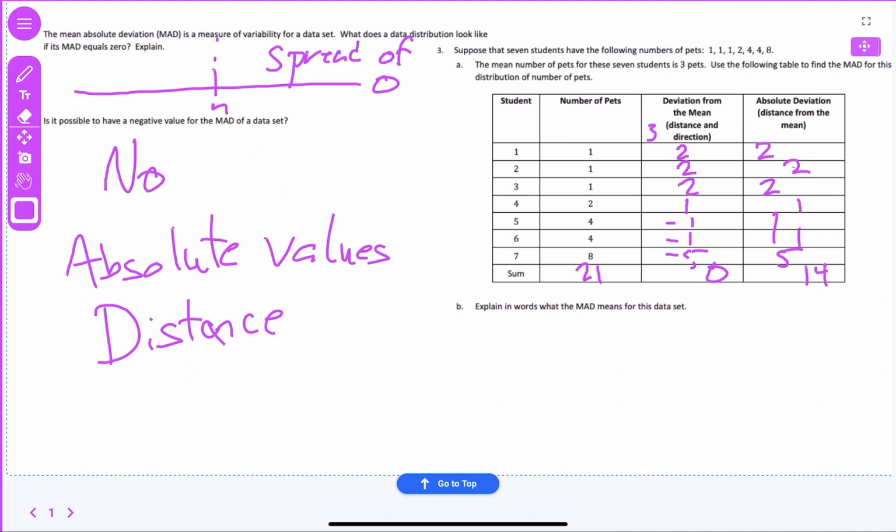What is the MAD? Have we calculated the MAD yet? The numbers of pets. How do we find the MAD here? How do you find MAD?